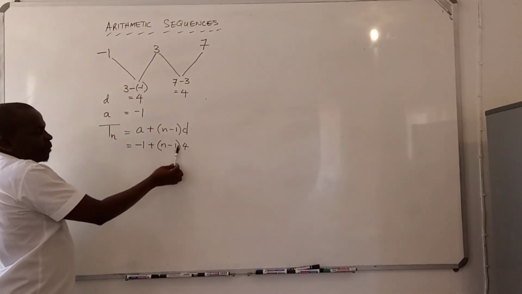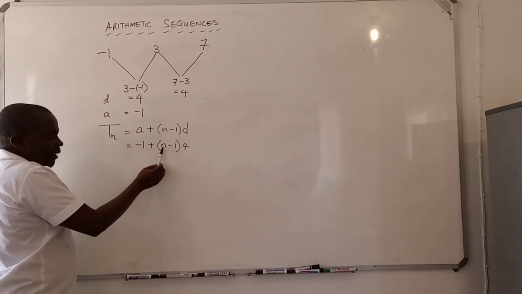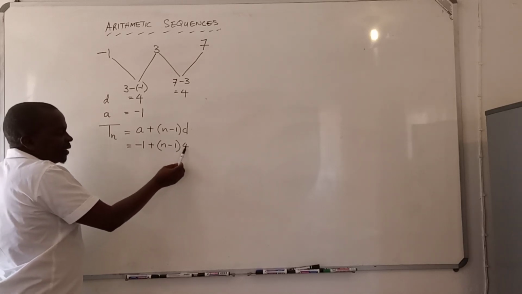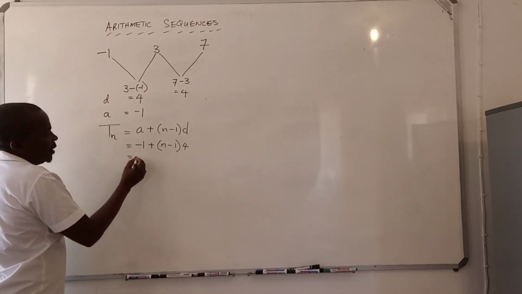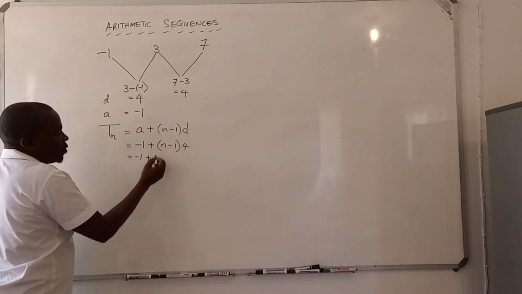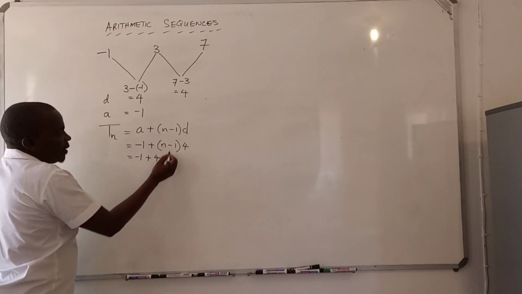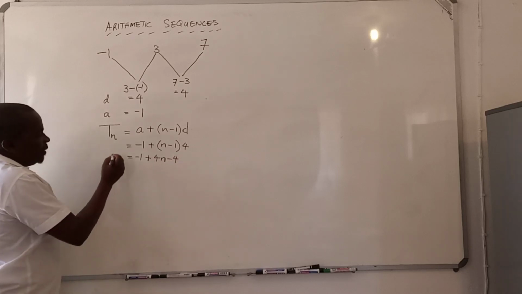When we are removing these brackets, please don't forget you are supposed to multiply 4 by that n, and then 4 by -1. So it will be -1 plus 4n minus 4, right?